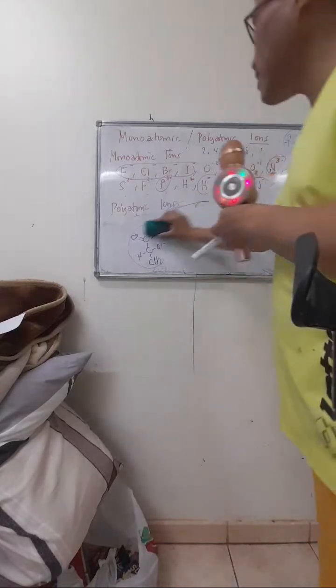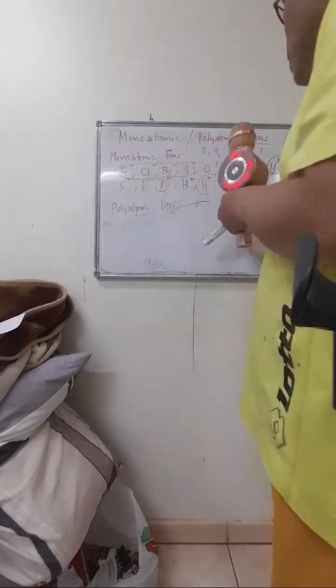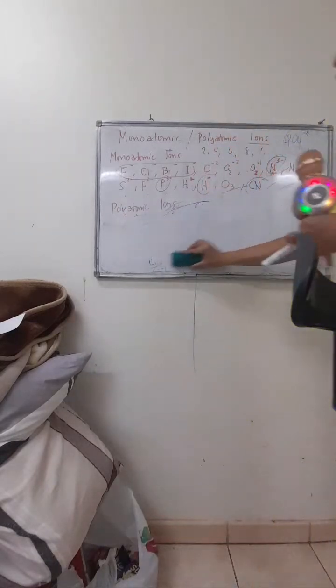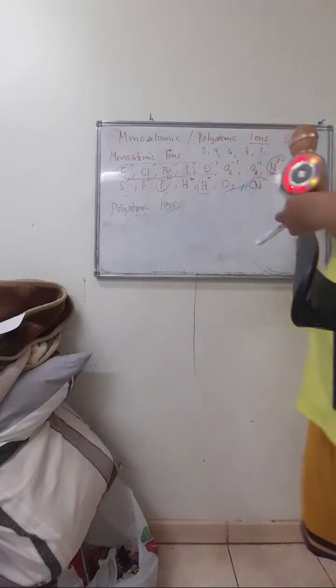Okay, what else? Dichromates, and so on. Okay, now we go to permanganate. What's the difference between manganate and permanganate? Permanganate is MnO4 negative 1. Manganate is MnO4 negative 2. Only the charge.